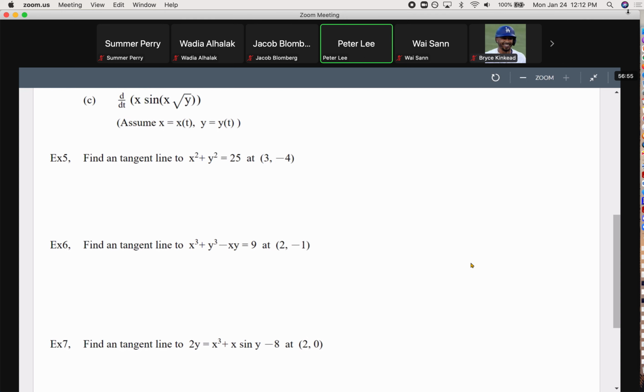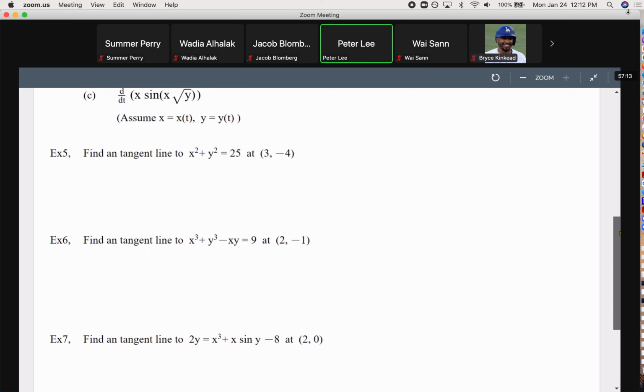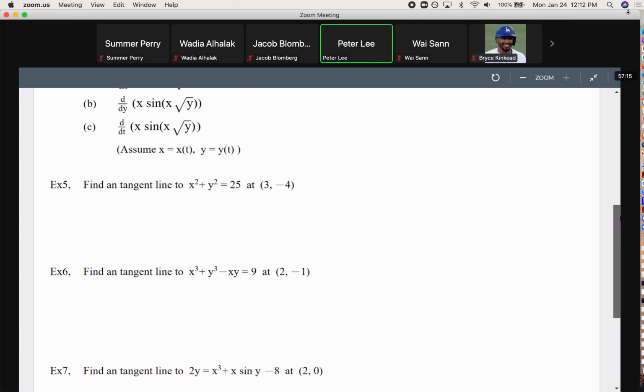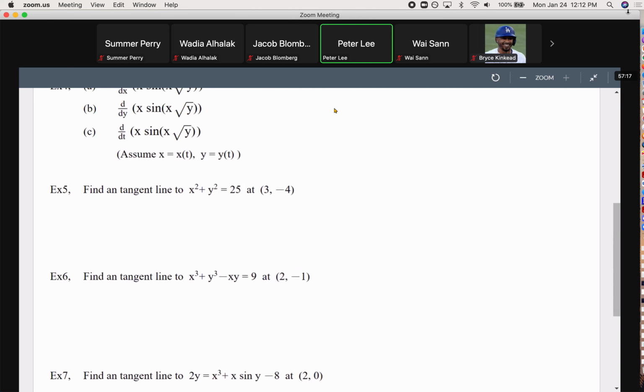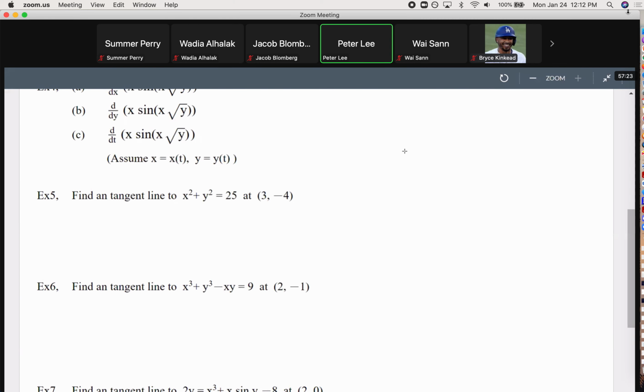Now the first, example 5, is actually a slightly easy one because this is x squared plus y squared equals 25, which is actually a circle. So let's see how things are. Even though the graph is not required, why don't we graph this anyway, and let's try to understand what's going on. I can draw a circle right here.